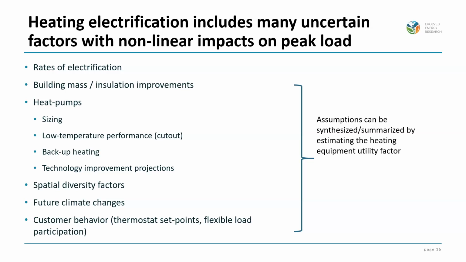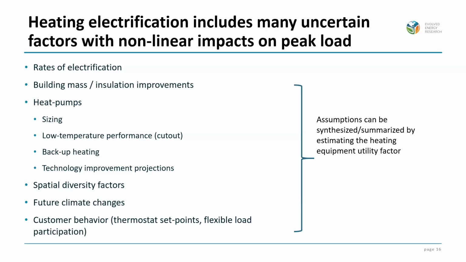So all of these detailed inputs that you need to project building heating, my proposition here is that a lot of this can be summarized or synthesized into metrics, just looking at the load factor for heating equipment, and that doing so can actually be very helpful for inter-model or inter-utility comparisons, when oftentimes you'll see two studies and they come up with very different peak load impacts.